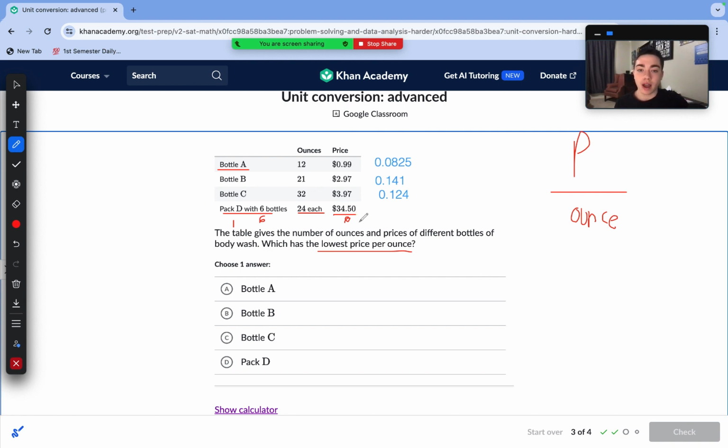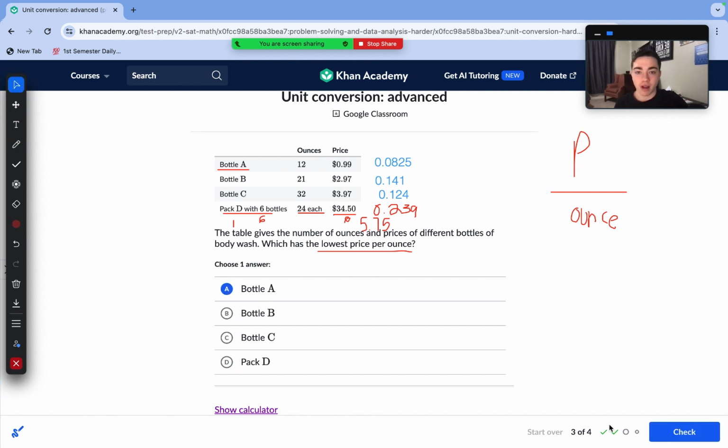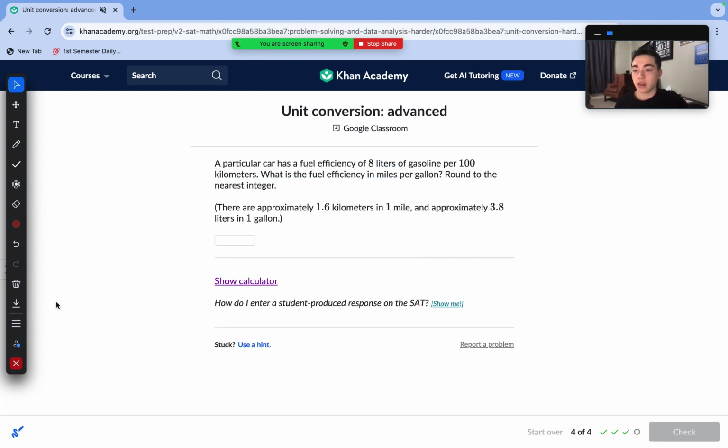And then if we divide the price by 6, we find the cost per bottle to be $5.75. To find the price per ounce, now we need to divide $5.75 by 24. And that is actually our most expensive bottle at 0.239. So our answer is clearly bottle A. It has the lowest price per ounce. Moving to question number 4.